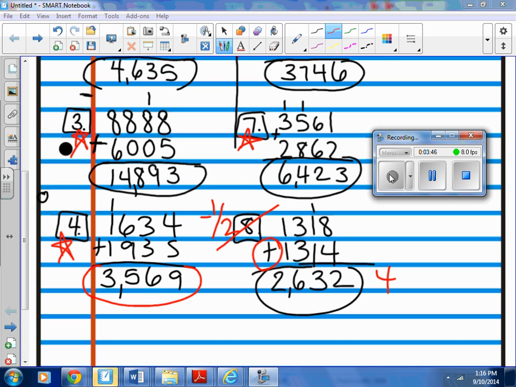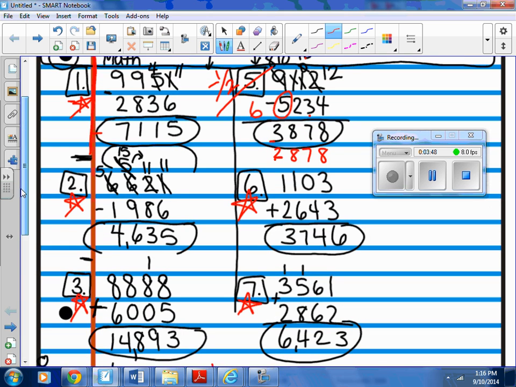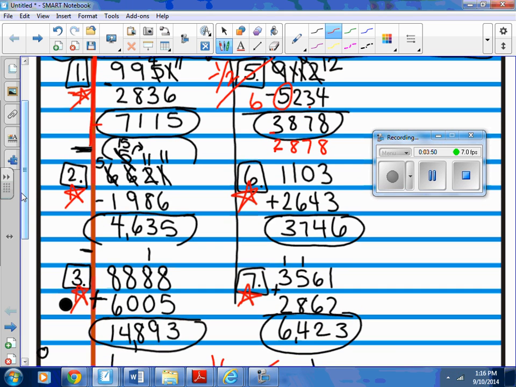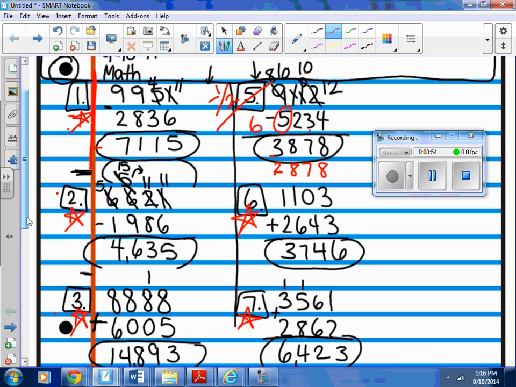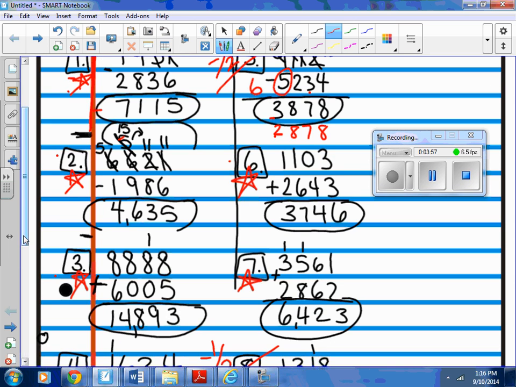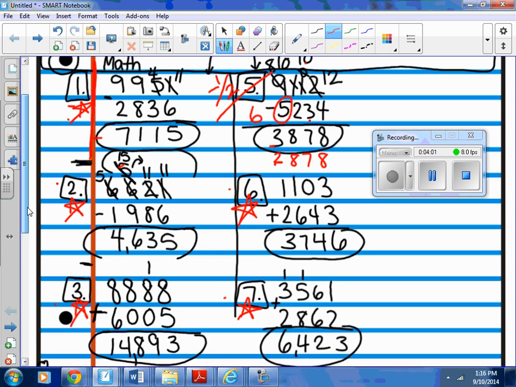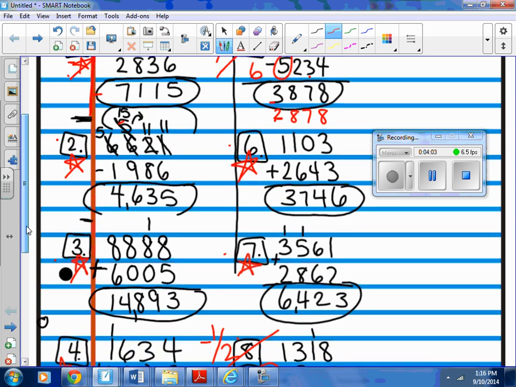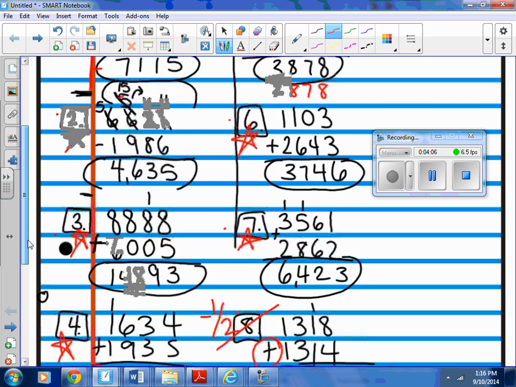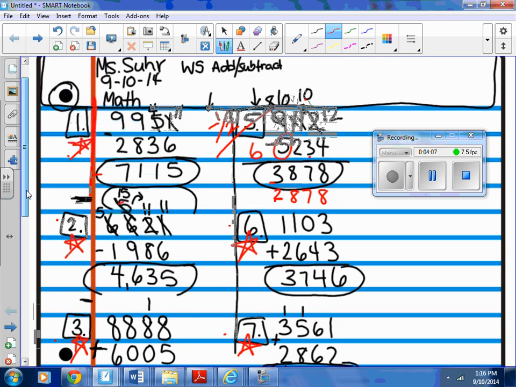Okay, now I'm going to look at them. And I'm going to count out how many problems there were. There was 1, 2, 3. This is easy because they're numbered. 4, 5, 6, 7, 8. Okay, and then I got 1, 2, 3, 4, 5, 6. So I got 6.